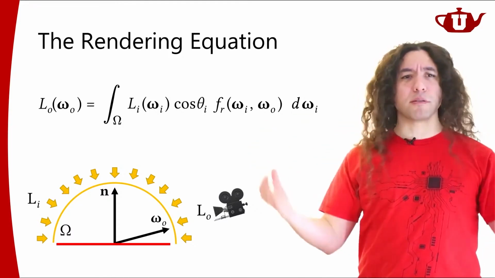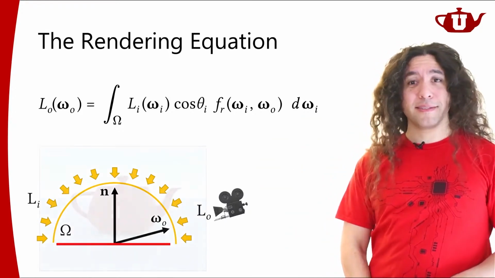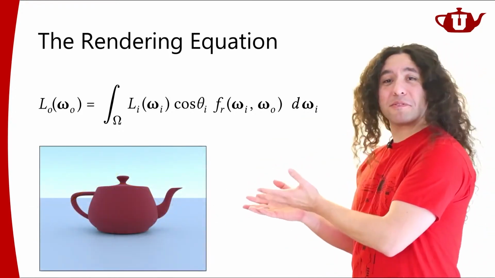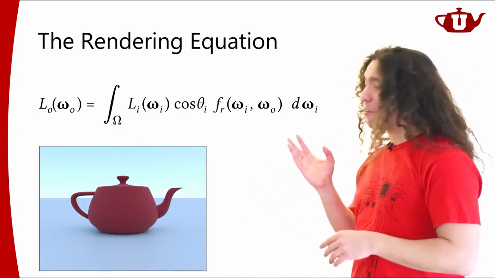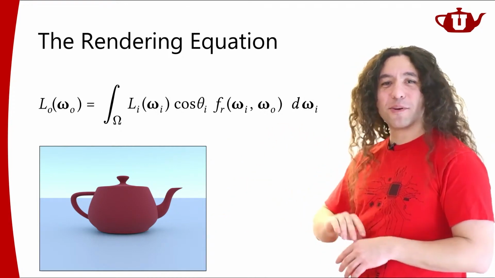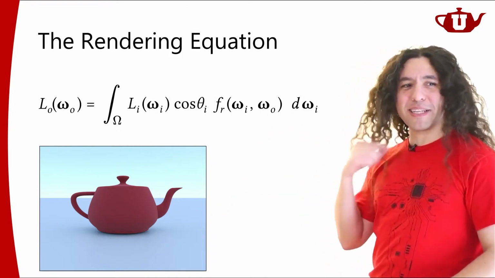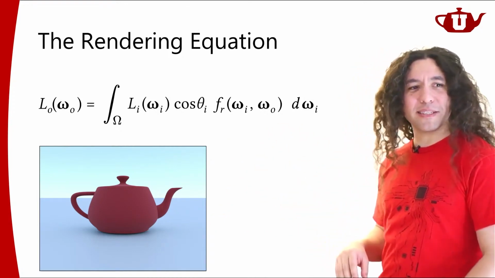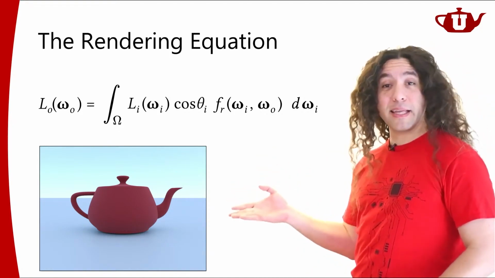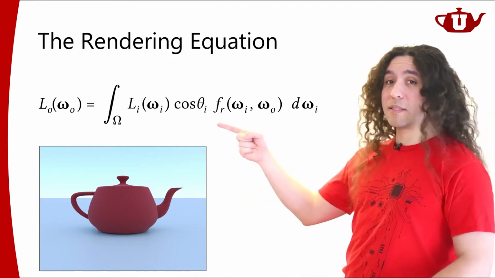Light is coming from all directions, right? So it could maybe look like this. Well, okay, this doesn't look very cloudy, but you get the idea. Light is coming from all directions, more or less equally, not exactly equally, but more or less equally in this case. So to be able to compute lighting like this, you need to compute this integral.